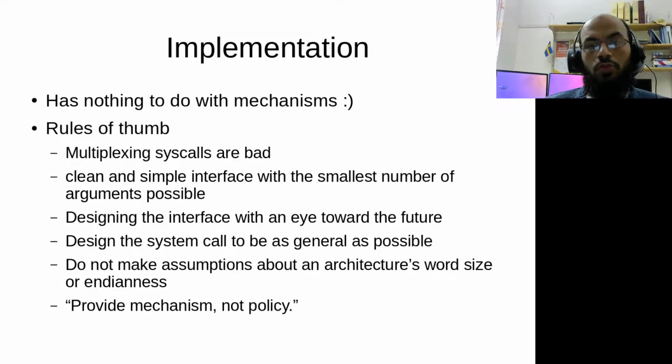You should also try to reduce assumptions on the architecture's word size, basically how many bits your processor is, and its endianness. You probably forgot what endianness is, but you can look it up on Wikipedia. It's one of these things that people keep forgetting about.